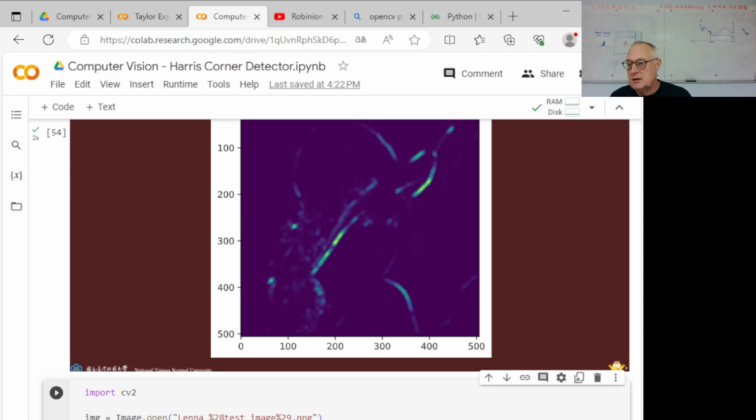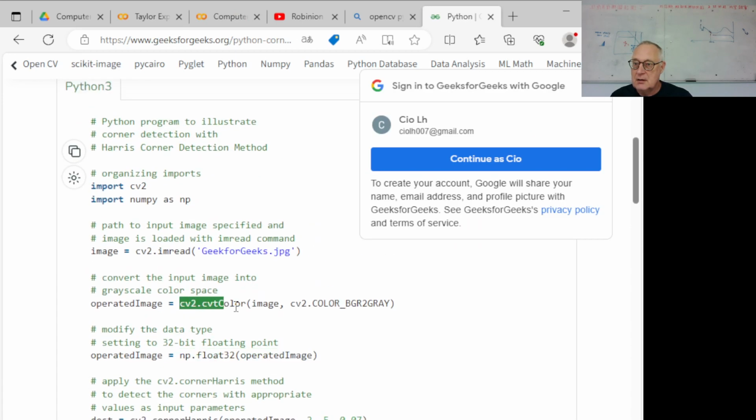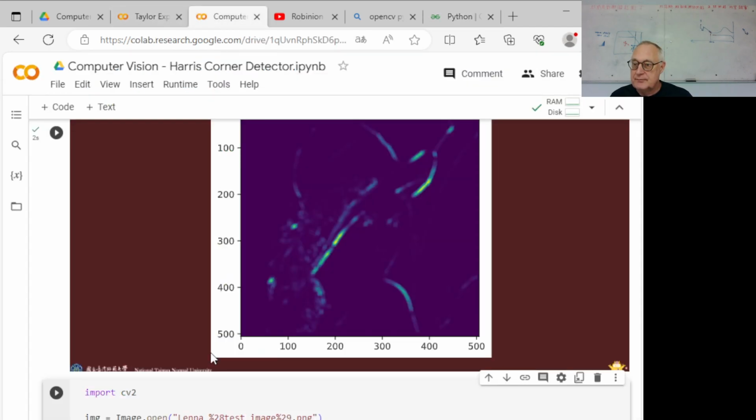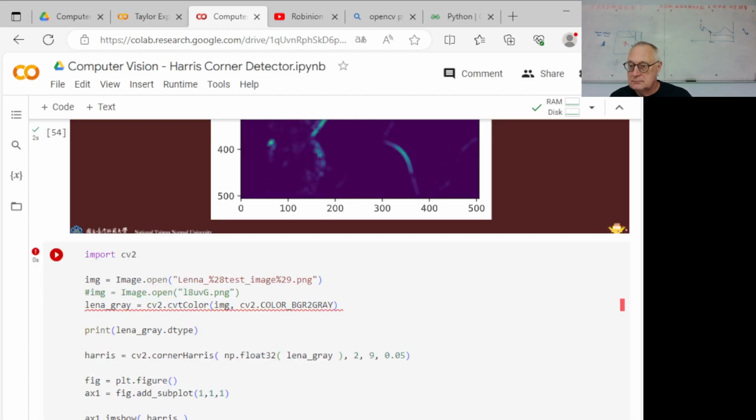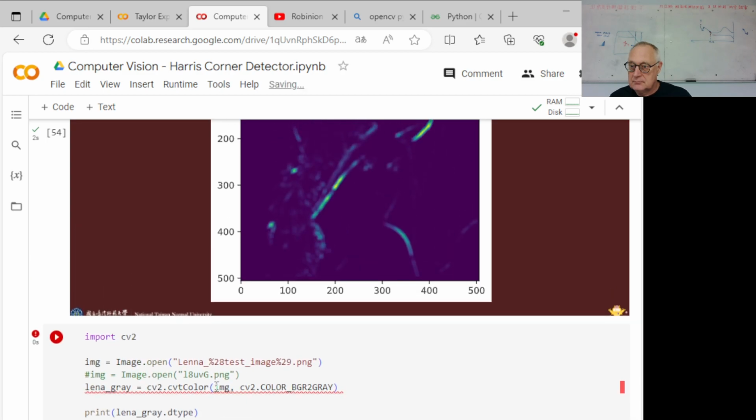So let me try this one as CV dot convert color. And then image dot opens.